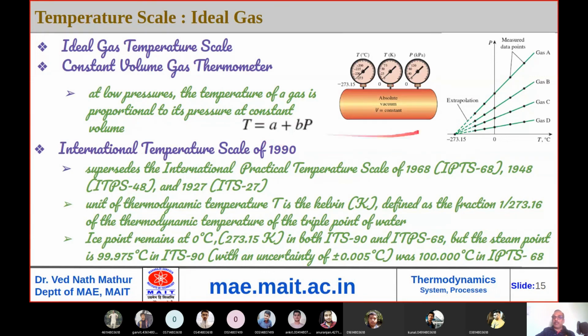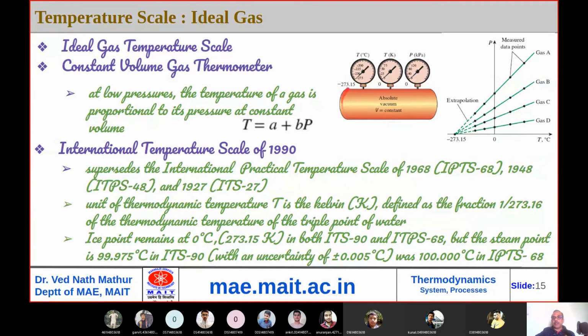These 2 points again can be the ice point and the steam point. So just locate 2 points and then join them by a straight line, and then calibrate it in terms of temperature. So you'll get the thermometer which is actually measuring pressure; it's a constant volume thermometer.